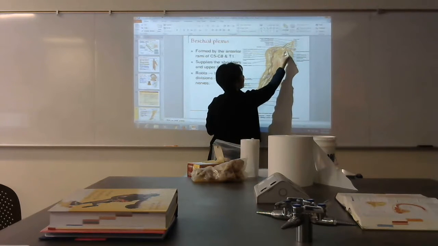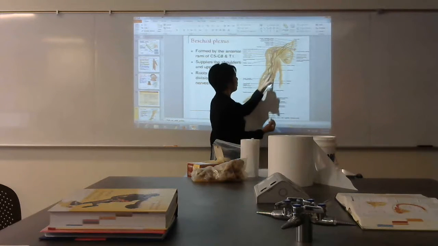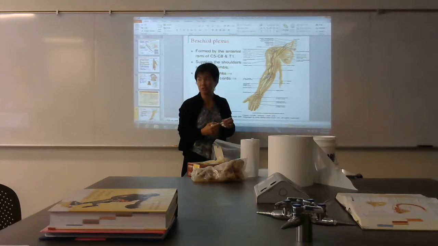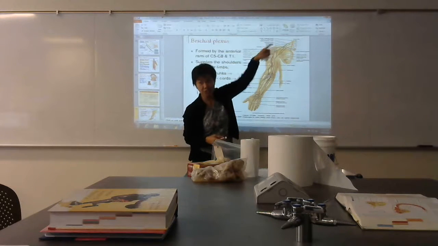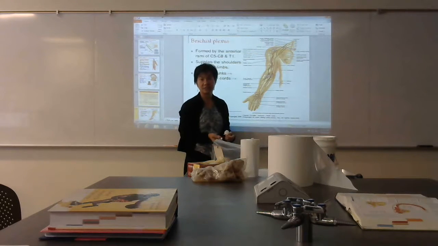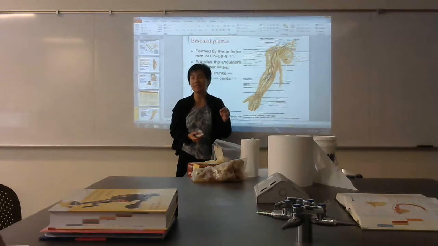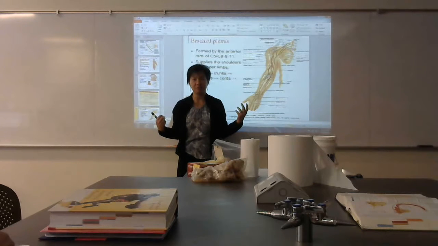When you trace them, you see how they fuse? They fuse. So this one nerve is a fusion of several ventral rami. So this is from a plexus of nerves. And the plexuses are only present in the ventral ramus, not in the dorsal ramus.